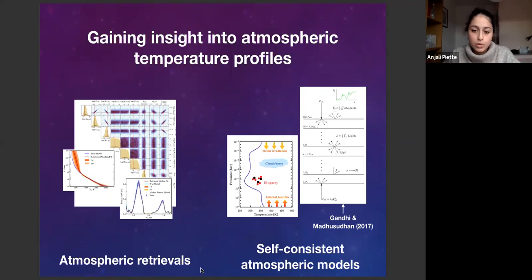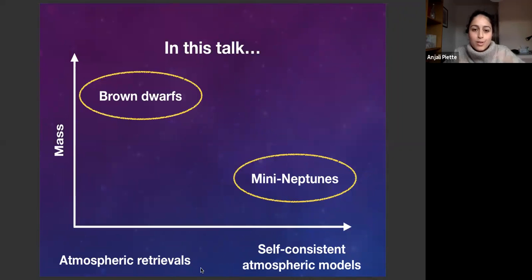And both of these tools can really help us to learn about the temperature profiles in many different kinds of exoplanet atmospheres. And in this talk, I'm going to talk about two opposites in this space of methods versus mass. I'll start off by talking about atmospheric retrievals of isolated brown dwarfs. And then in the second half, I'll talk about self-consistent atmospheric models of transiting mini-Neptunes.